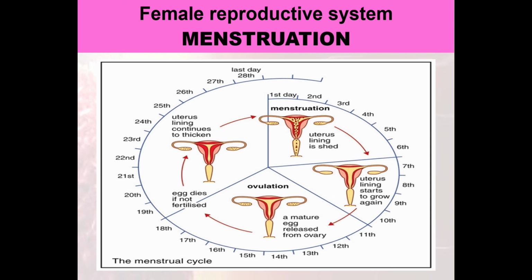The lining of the uterus continues to get thickened, but when this egg dies, this process cannot continue for long. So ultimately, this uterus lining is shed and a new menstrual cycle starts. This whole cycle is well regulated by many hormones.